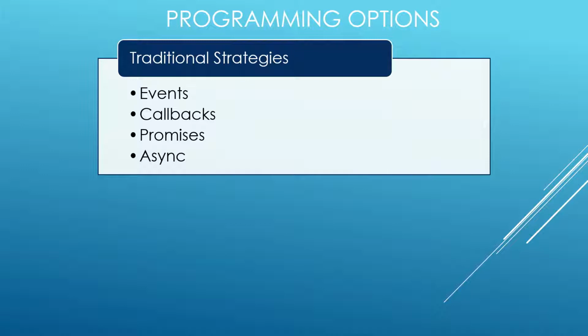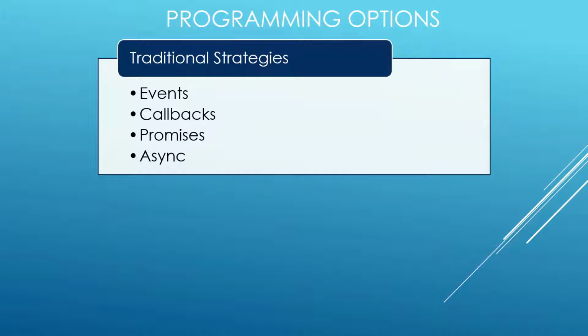For some of us, maybe decades. I see a couple of gray hairs out here, or a couple that don't have as much hair at all, right? So events are one way of doing it. Callbacks are basically a part of a way of implementing event handlers. We also now have promises. We have async and all these kinds of things. And these are typical ways that we would be able to accomplish that programming model over the syntax, right?